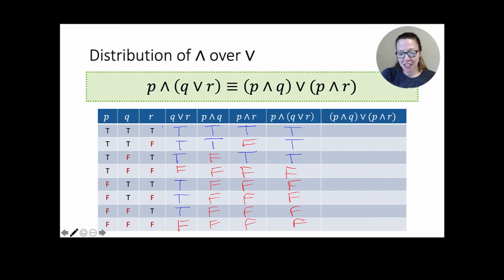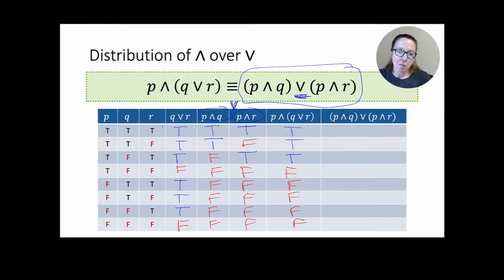So the last piece of the puzzle is this right-hand side, and that is a look at P and Q versus P and R. And what we want is the disjunction of those 2 values. So these columns with an or between.